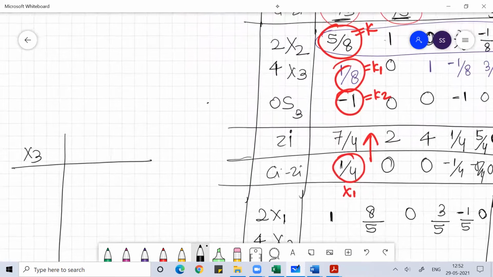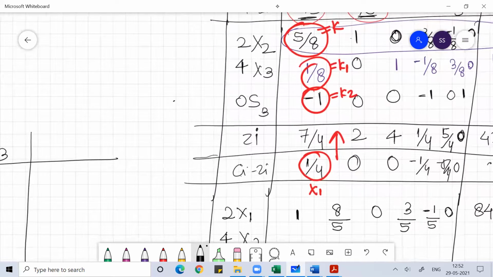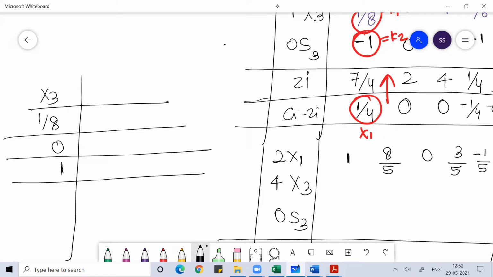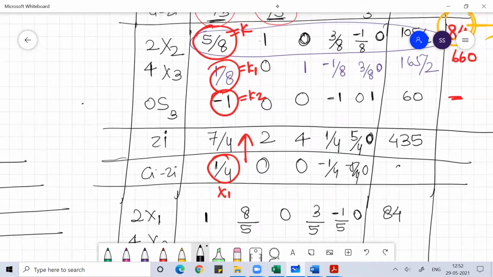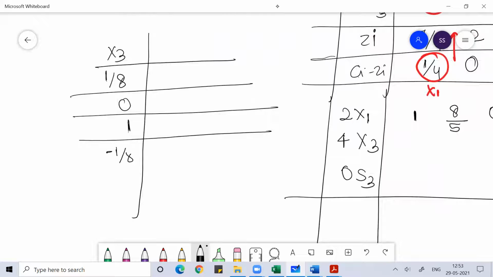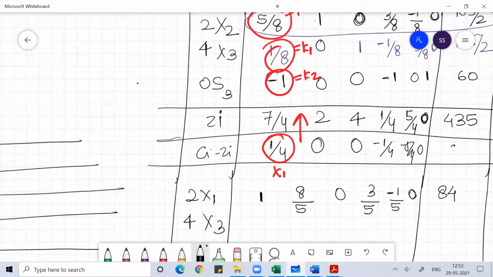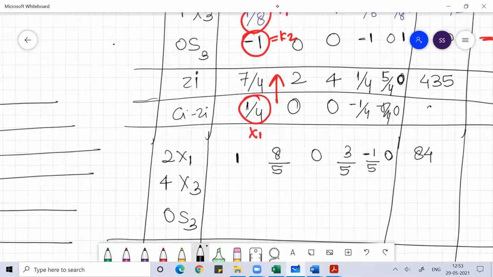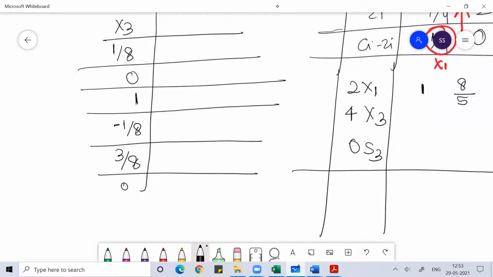The old elements are 1 by 8, 0, 1, minus 1 by 8, 3 by 8, minus 1 by 8, and then 165 by 2.